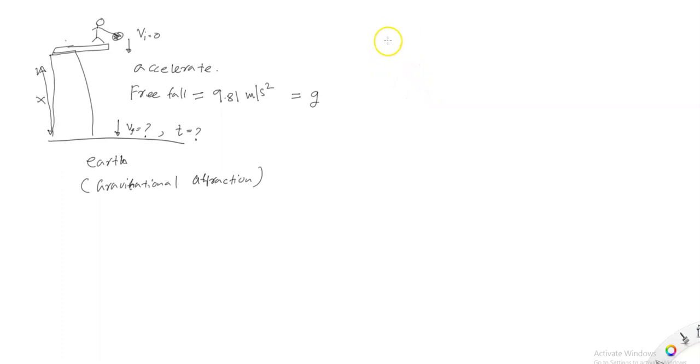Remember this one, v final equals v initial plus at. Now we're going to write this equation downwards, with initial velocity, final velocity, and this will be replaced by 9.81. So instead of getting into more details, let's try 1 or 2 examples.